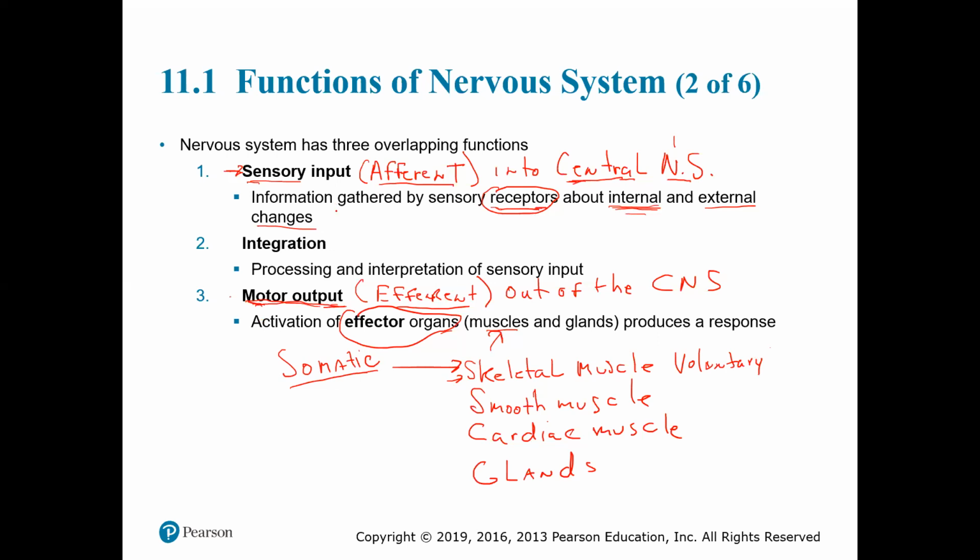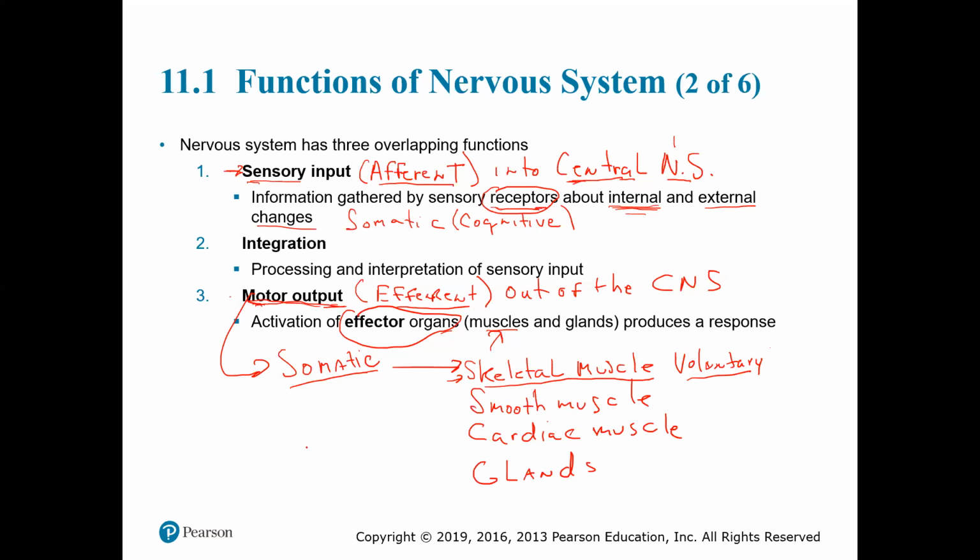So I would put that up here, like somatic sensory is what you cognate, which you realize what you're smelling or seeing or feeling. So somatic is cognitive. But in motor, somatic motor, it's voluntary. So that's the somatic portion of the motor system.